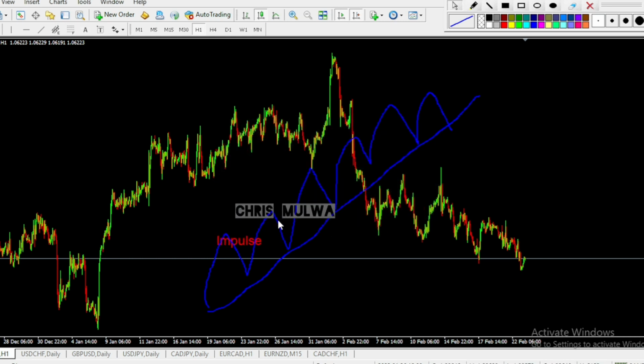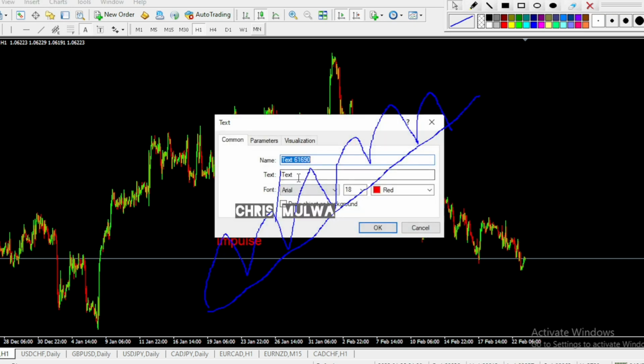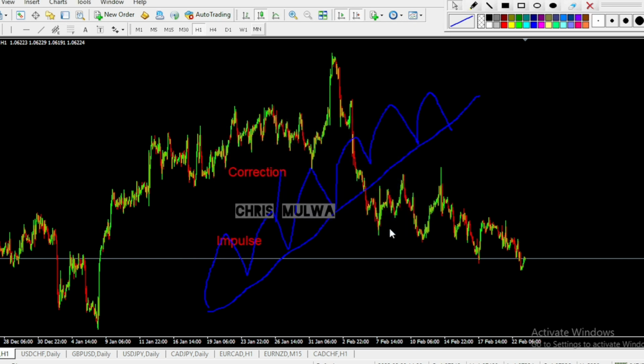Then the downward move, this is what we are calling the correction.